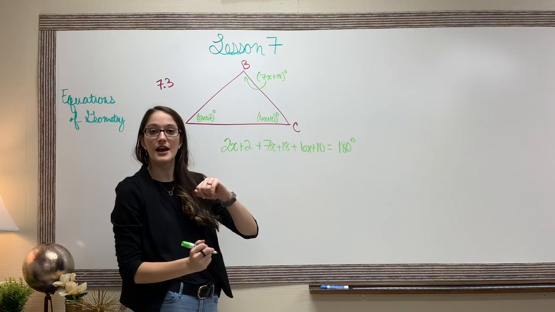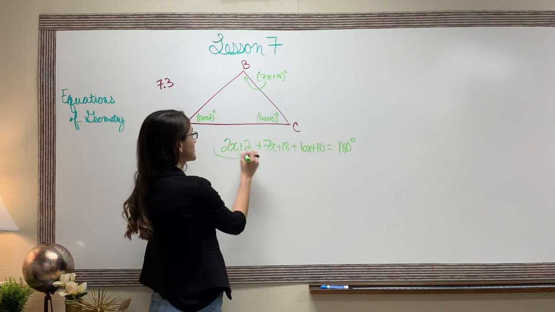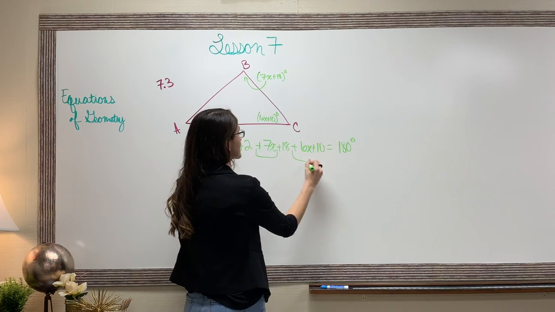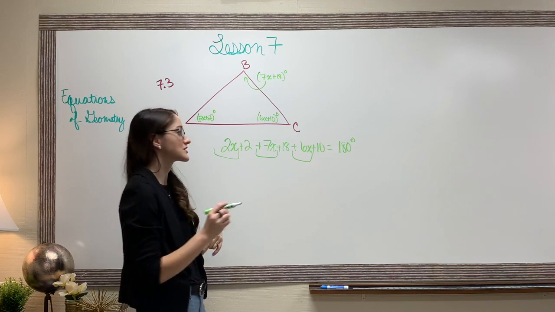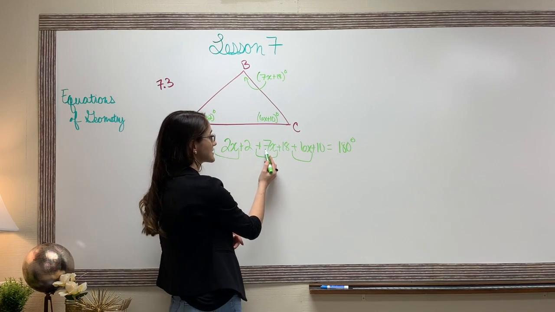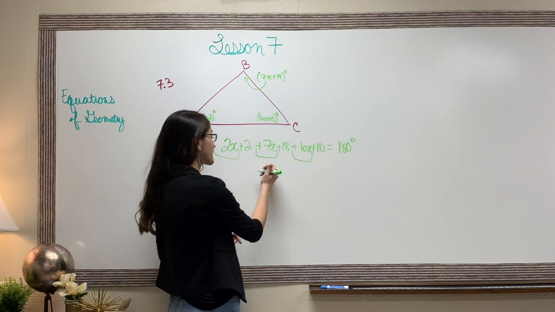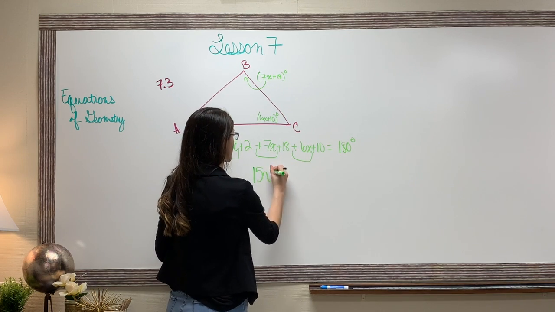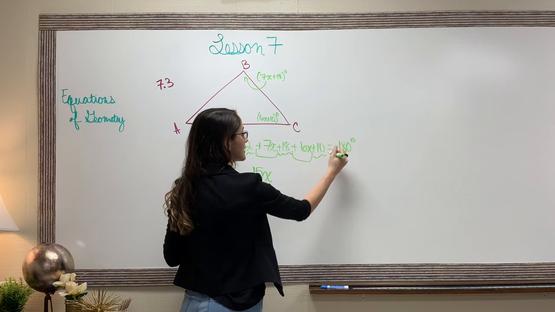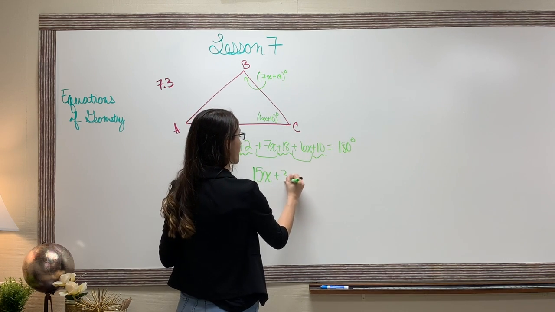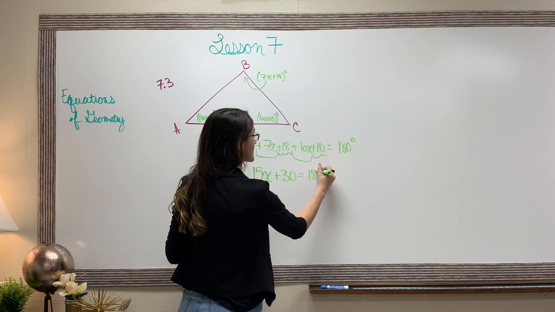And from here, we're just going to add our like terms. So we have 2x, 7x, and 6x. They're all positive. Same sign, add the numbers, keep the sign. So we have 2 plus 7, that's 9, plus 6 is 15x. Okay, and then we have plus 2 plus 18, that's 20, plus 10 is going to be plus 30, equals 180 degrees.